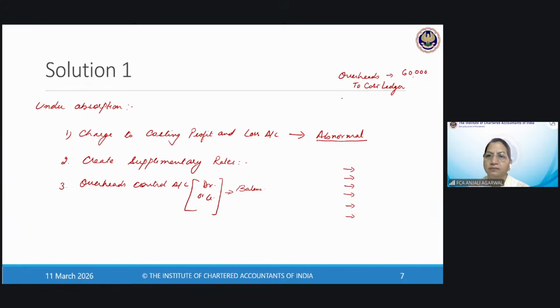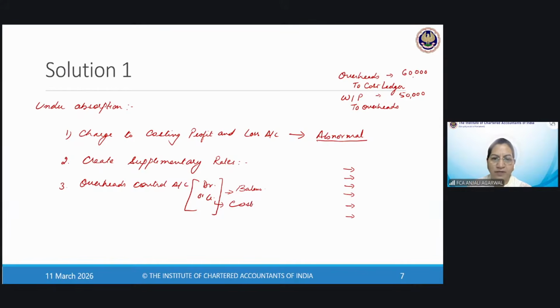And overheads that were absorbed to the work in progress account were 50,000. So there is a case of under absorption. You see overheads are debited by 60, credited by 50. So you will credit further, and you will say overhead control account.